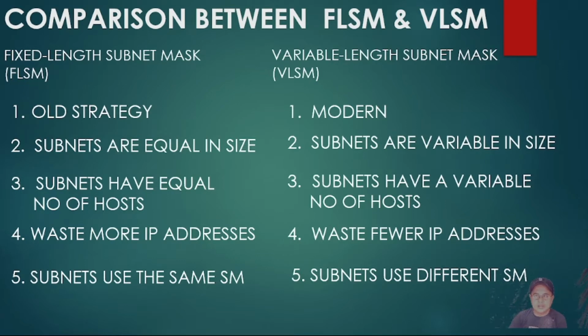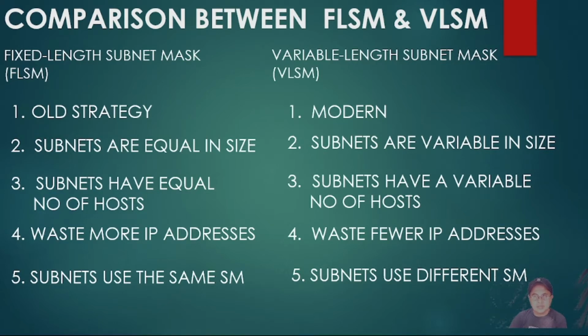Unlike VLSM, the fixed length subnet mask doesn't work in the new routing protocols. The second comparison is that fixed length subnet masks have equal size, and then VLSM subnets are variable in size.